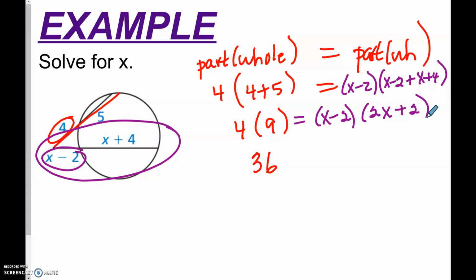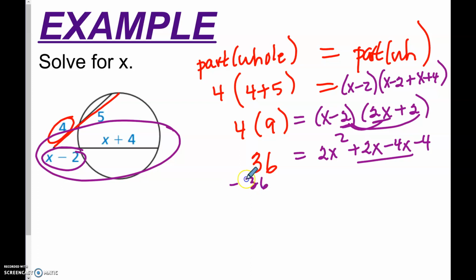First, outside, inside, last. We have a binomial times a binomial here. So x times 2x is 2x squared, and x times 2 is plus 2x. Now we're going to take negative 2, so we have negative 4x, and a negative 2 times 2 is minus 4. Okay, I'm going to clean up these like terms right here. And at the same time, I am going to subtract this 36.